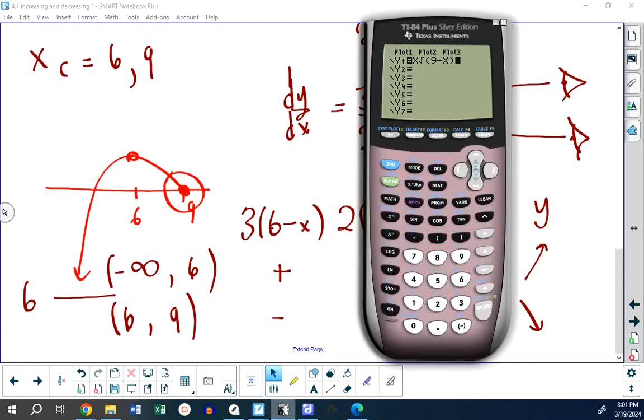Let's start off with Zoom Standard. So this is what I mean. The function comes up and then goes down, and it leaves a little gap there, and it's because it's getting quite steep, but that's what the function looks like.